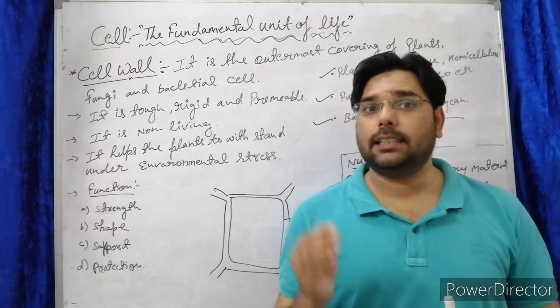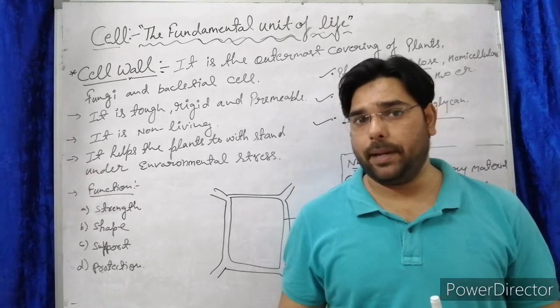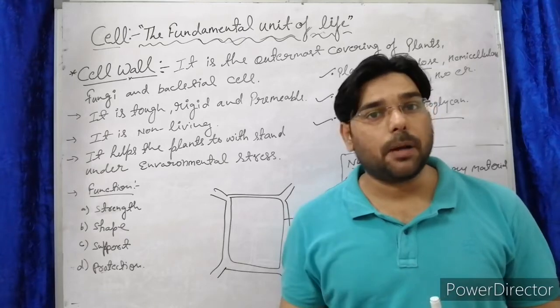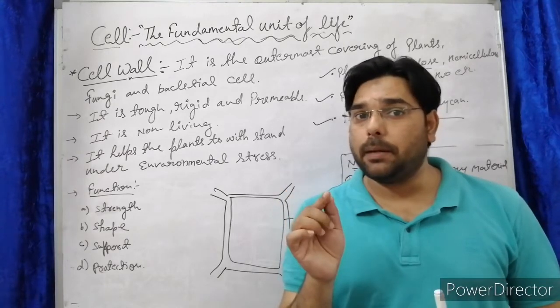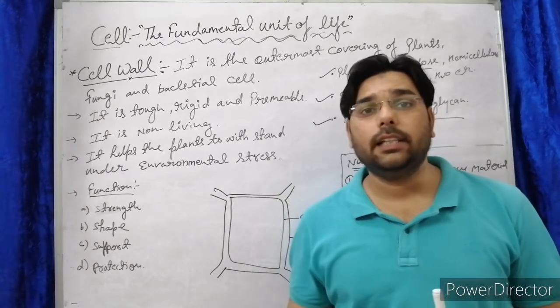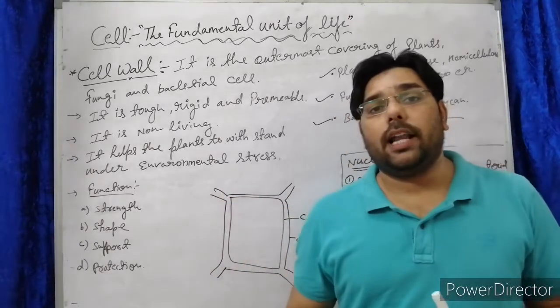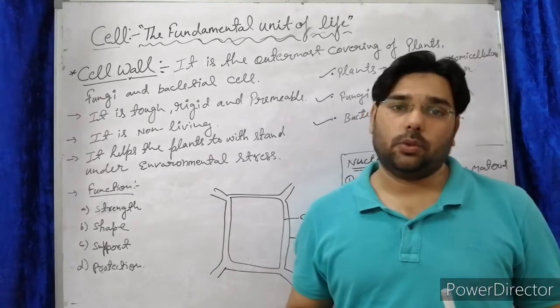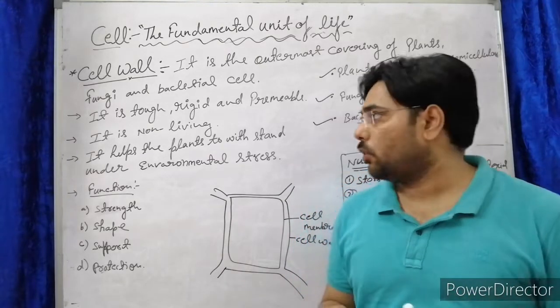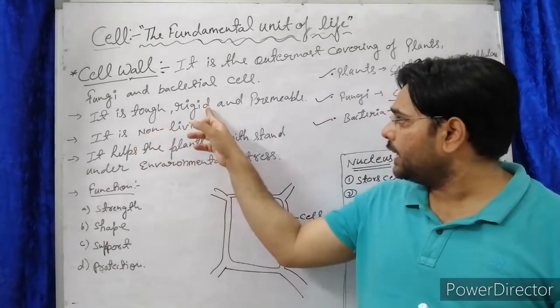As we have discussed, the plasma membrane is selectively permeable, or semi-permeable: it allows only certain things to pass through. But the cell wall allows all substances to pass through it. It does not filter anything.